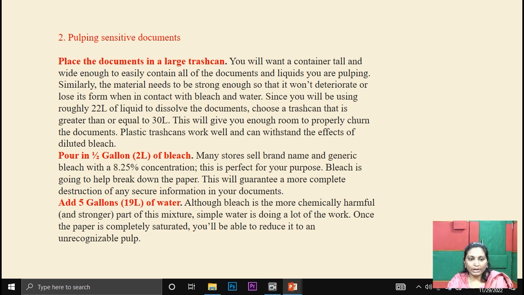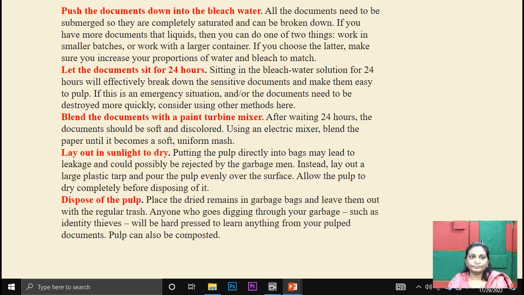Next, add 5 gallons, 19 liters, of water. Although bleach is the more chemically harmful and stronger part of this mixture, simple water is doing a lot of the work. Once the paper is completely saturated, we will be able to reduce it into an unrecognizable pulp.